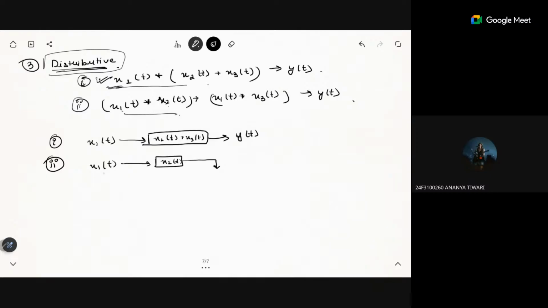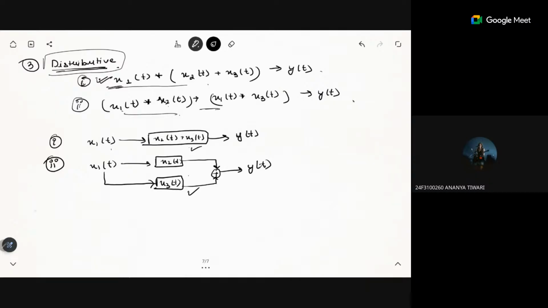That means x3 of t, and both are being added. So I will add one adder over here, and then that is my output. So in pictorial form it looks like this, and this one is this, but both are equivalent.